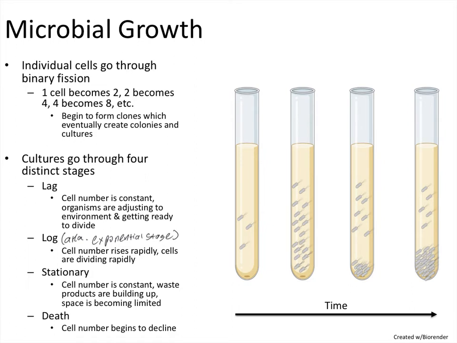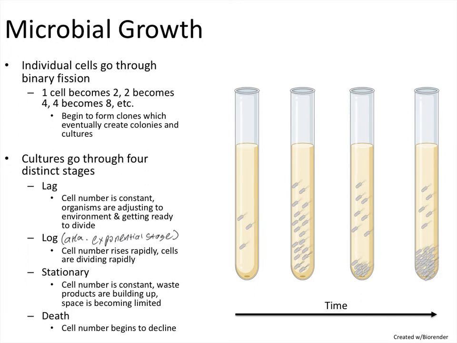After this very rapid period of growth called the log phase, the next stage that occurs is called the stationary phase. And during this stage, growth slows because the number of individuals being produced equals the number of individuals that are dying. So binary fission is still occurring. It may not be occurring quite as rapidly as it was during the log phase, but it is still occurring.